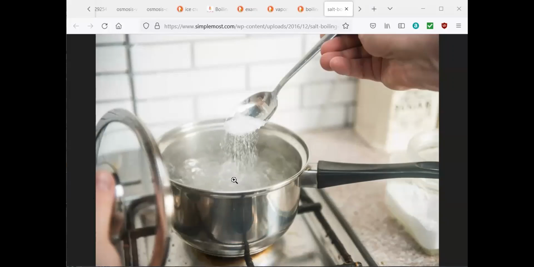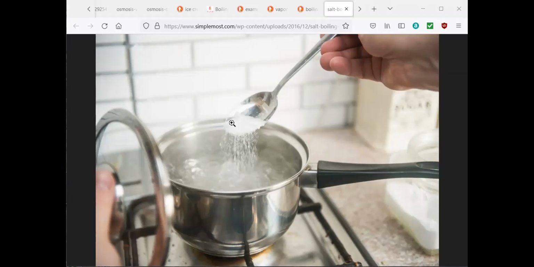Well, it turns out that pure water at sea level would boil at 100 degrees Celsius. But by adding our salt and our oil, it'll boil at a higher temperature than 100 degrees Celsius because I'm adding solute to it. So that helps us to cook our pasta.